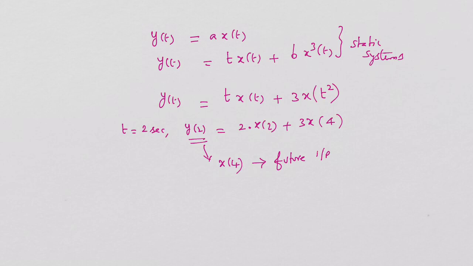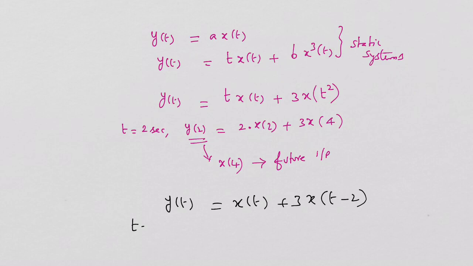Similarly, we have another system, y of t is equal to x of t plus 3 into x of t minus 2, where you can see that at t equal to 2 seconds, the output y of 2 depends on x of 2, the current input.